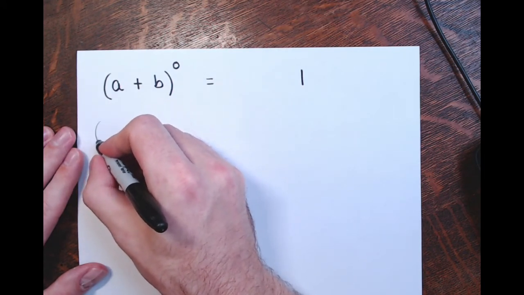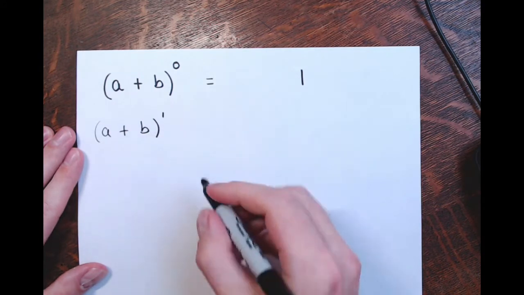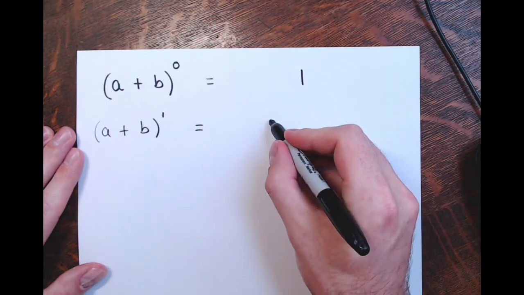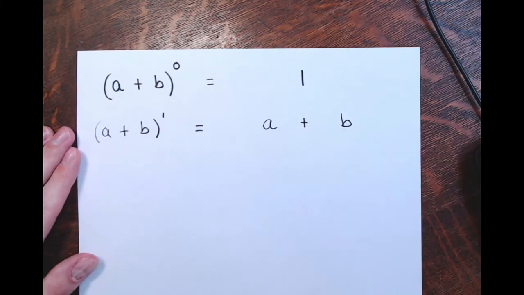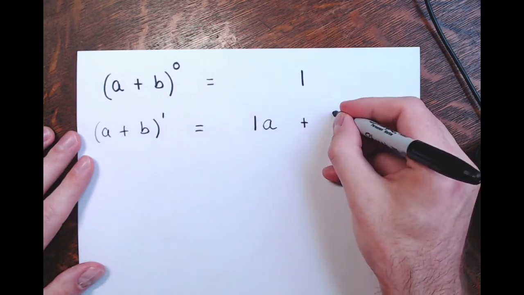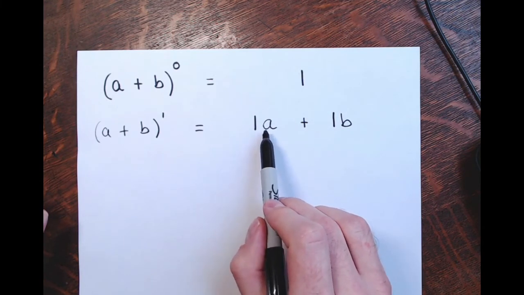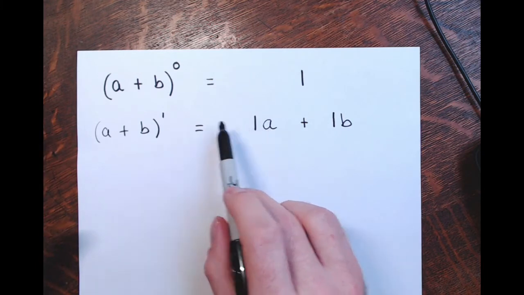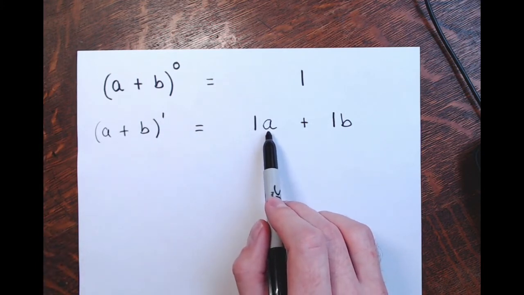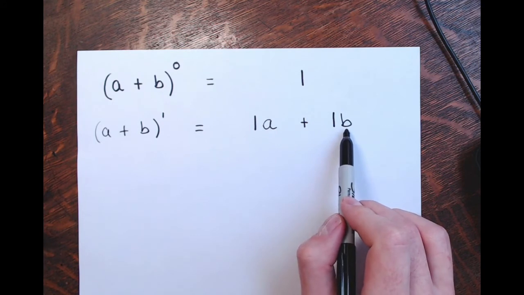Okay. Then what about a plus b to the 1st? Well, this is just a plus b, isn't it? 1a plus 1b. And again, if you think about it, there's only one string of length 1 that you can form with a and b that is just this a. That's it, the string a. And there's only one string with one b in it, the string b.